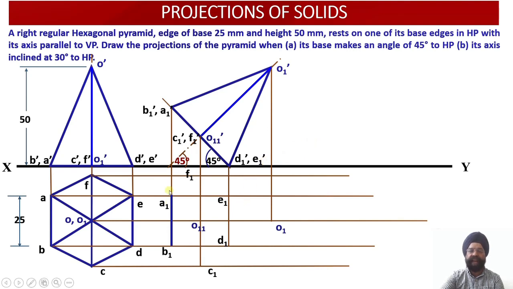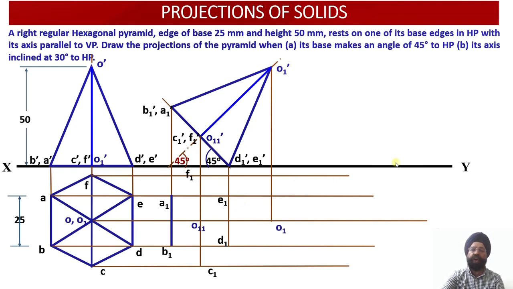So let us start drawing these points over there. We understand one thing very carefully, that A1, B1, C1, D1, E1, F1 will be joined, and then O1 A1, O1 B1, O1 C1, O1 D1, O1 E1 and O1 F1 will be joined. So these are the lines which need to be joined.